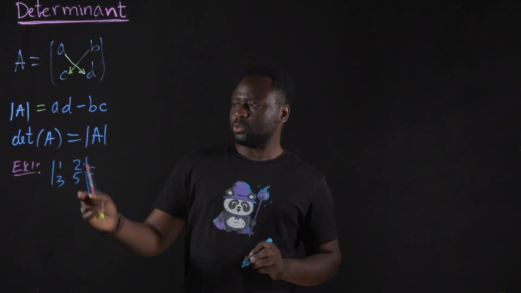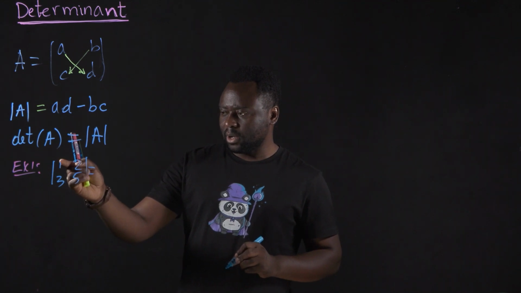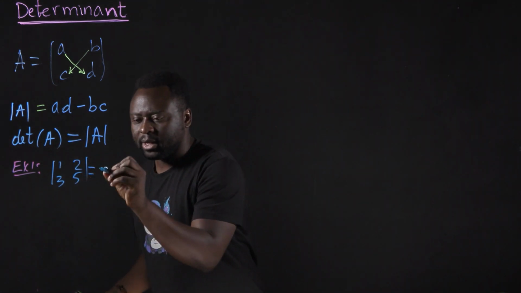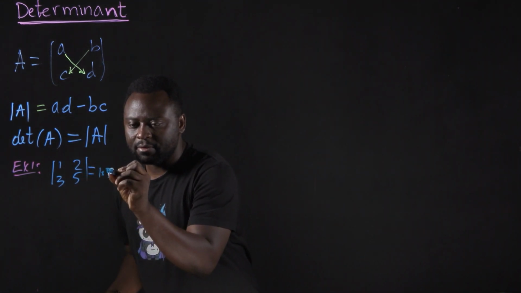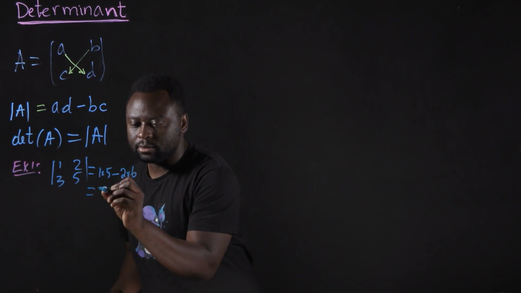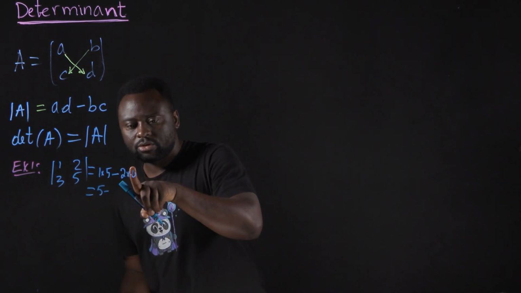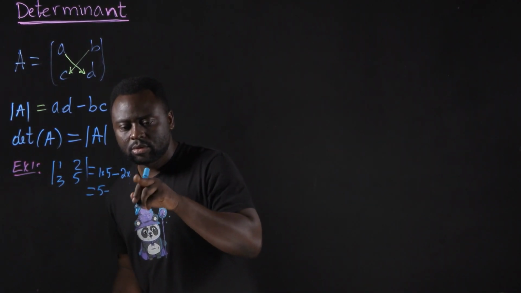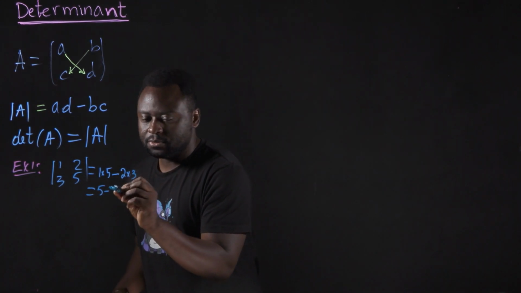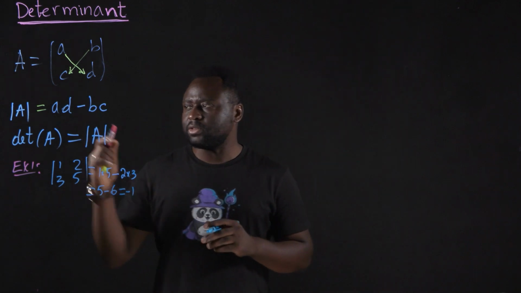So you cross multiply, we apply exactly what I explained here. We multiply 1 times 5 minus 2 times 3, this is 5 minus 6, and this is minus 1. This is an example of a 2 by 2.